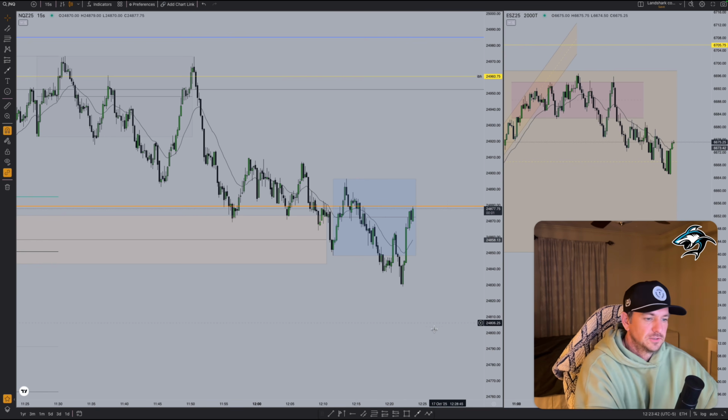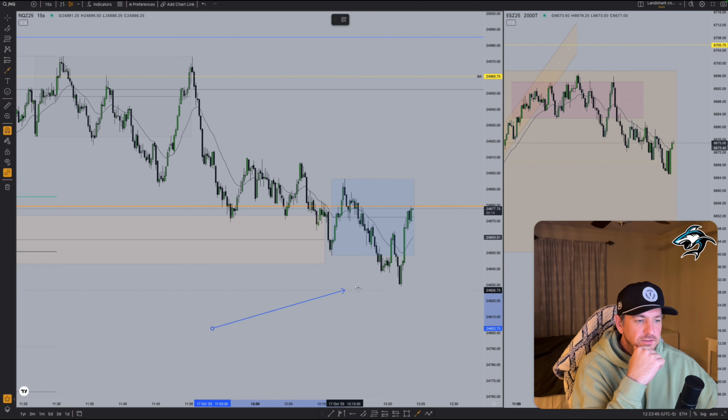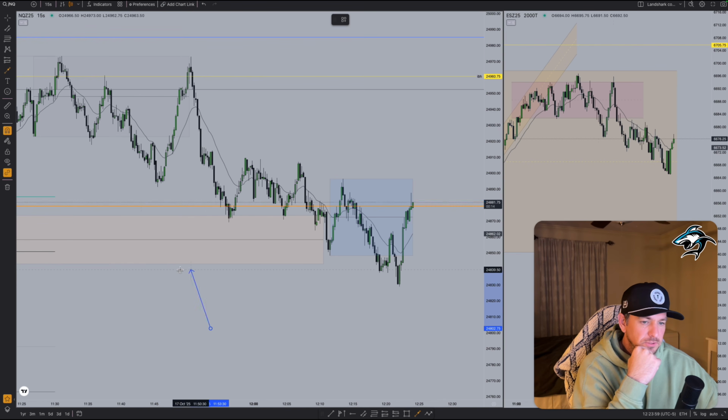So we got this low that we closed below this low, right? And the reason I'm mentioning this high is because we closed below this area that I wanted to see us close below for a continuation to the downside.